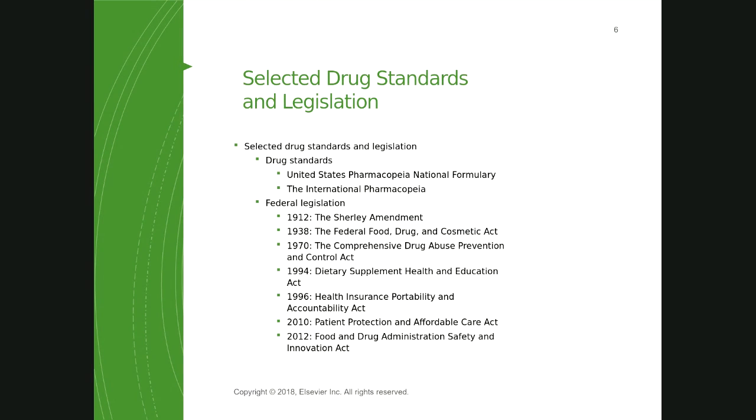So here, in 1970, the Comprehensive Drug Abuse Prevention and Control Act was started, and there are so many different ones you want to look at, but specifically this particular one I just mentioned, and then the drug standards set by the U.S. USP.